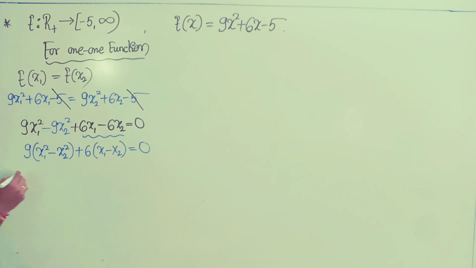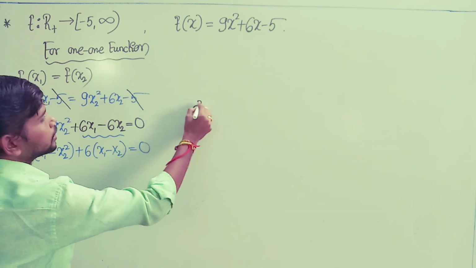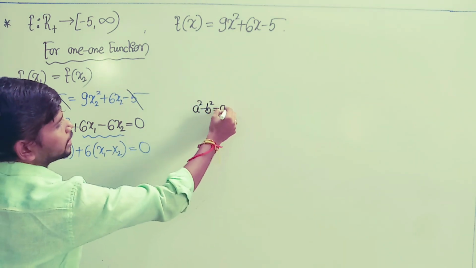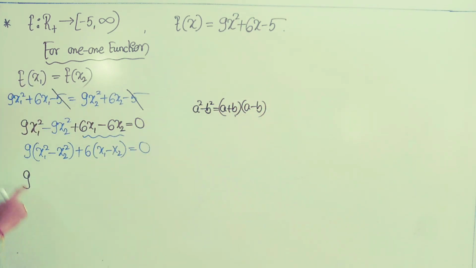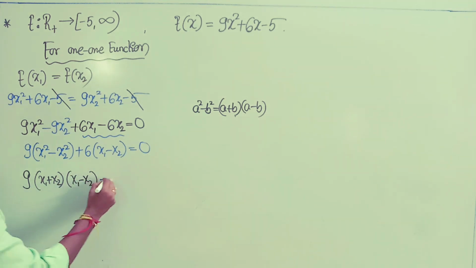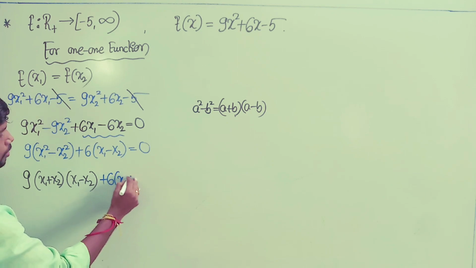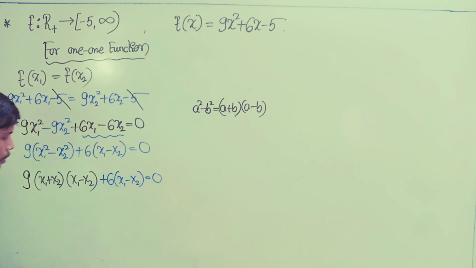Okay, after this, what is the formula for a square minus b square? A square minus b square is a plus b into a minus b. I'd like to apply the formula here. It will be x1 plus x2 into x1 minus x2, plus 6 into bracket x1 minus x2 is equal to 0.